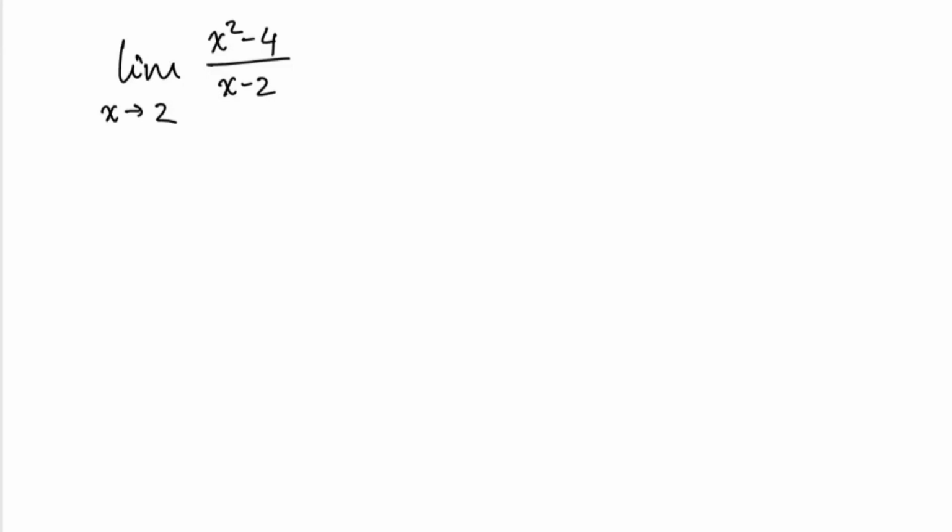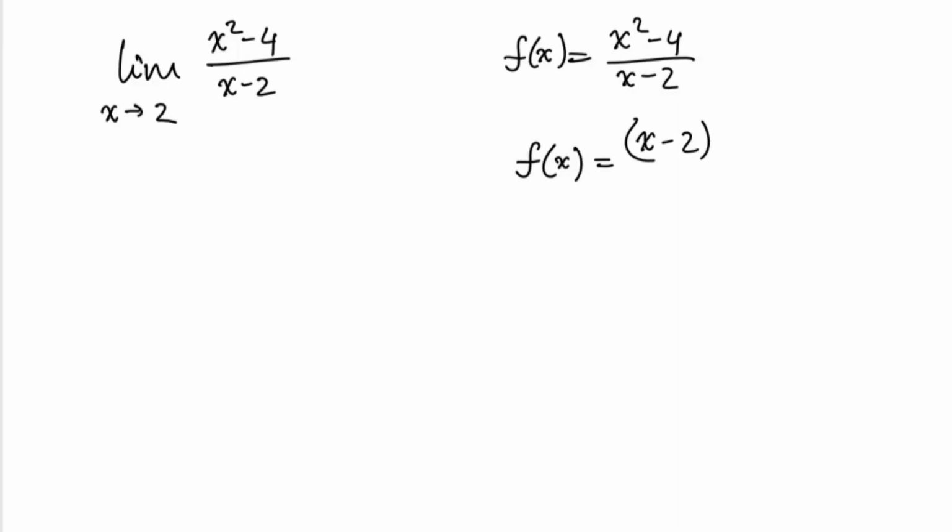Let's try to determine the limit of the following rational function as x approaches 2. We've already seen that it makes sense to try and simplify the function first before subbing in the value. So let's simplify x squared minus 4 over x minus 2. I can factor the numerator. This is a difference of squares, so it turns into x minus 2 times x plus 2 over x minus 2.